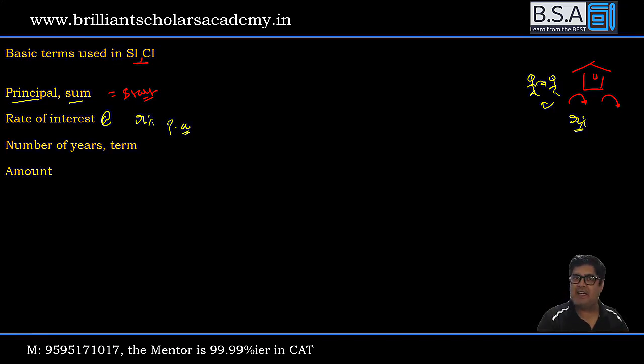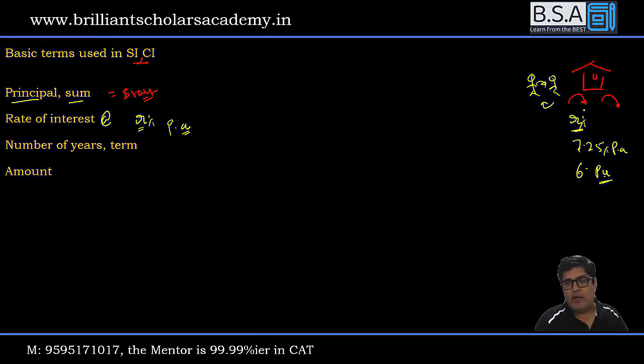Annum means a year or 12 months. Some schemes might be offering 7.25% per annum, some 6% per annum. Rate of interest is R percentage per annum. This is the extra money you will receive if you are keeping money in the bank. If you borrow, you'll have to pay extra R% every year.